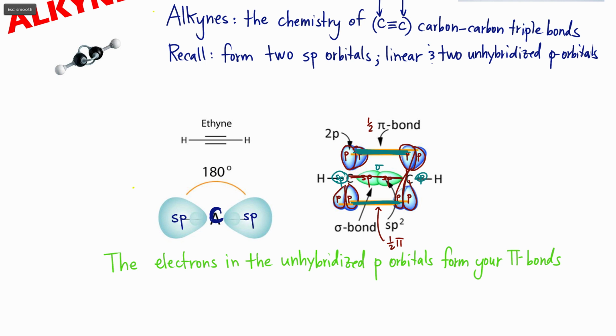Those two bonds are formed by the overlap of the unhybridized p orbitals. And recall from your alkenes chapter where you had sp2, you had 3 sp2 molecular orbitals and 1 unhybridized p. The overlap of 2 of those unhybridized p orbitals actually formed your double bond in the alkene. So much like the alkene, you have the same type of overlap going on with the pi bonds for your alkyne.